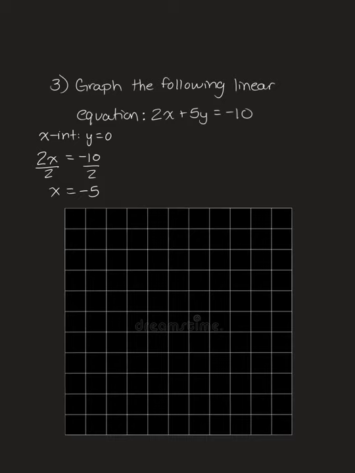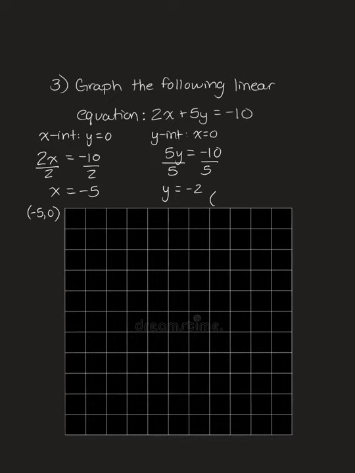So that means that my x-intercept as a coordinate point is negative 5, 0. If I look at the y-intercept, that's where x is equal to 0. So again, in this equation, if I set x to 0, the only thing I have left is 5y is equal to negative 10. Divide by 5 on both sides, and you get y is equal to negative 2.